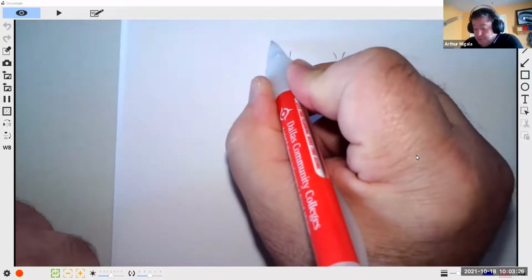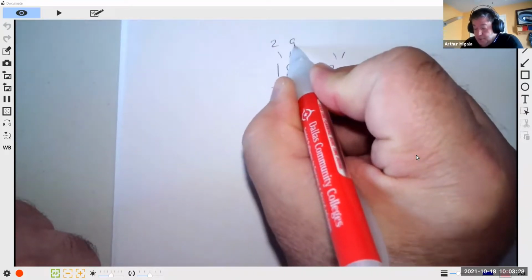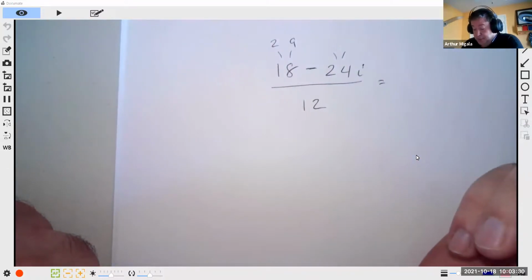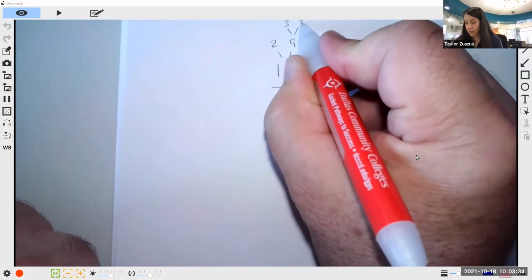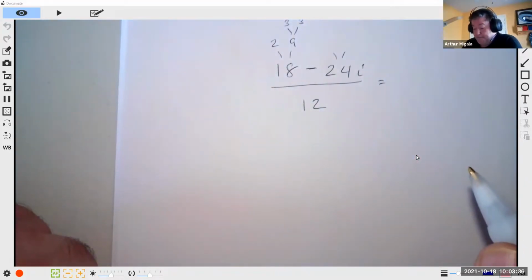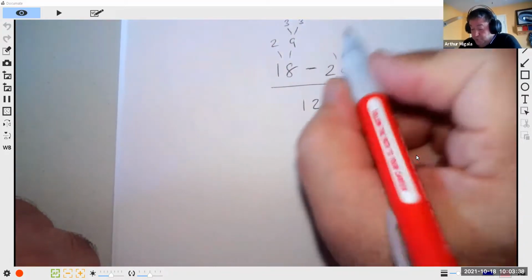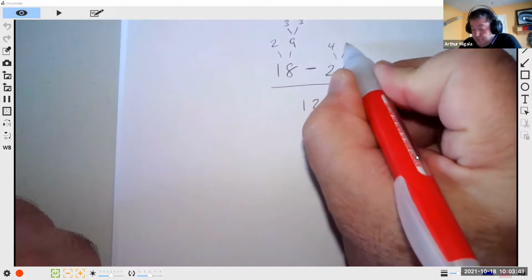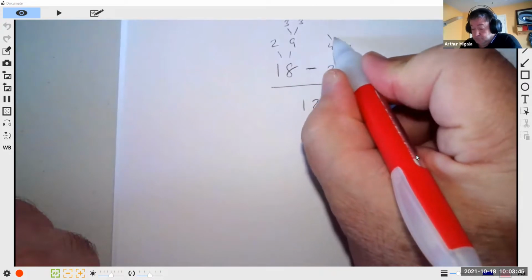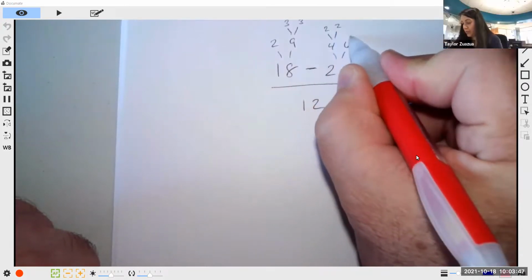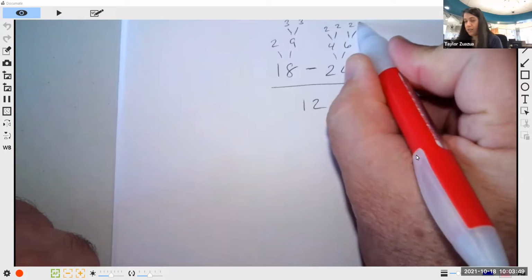18 breaks down to 2 times 9. 9 is 3 times 3. 24 is 4 times 6, and then 2 times 2, and then 2 and 3.